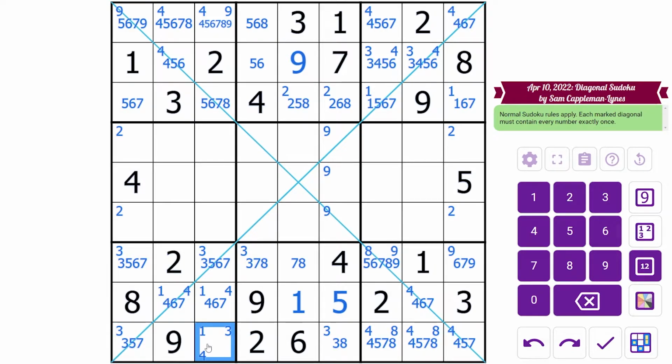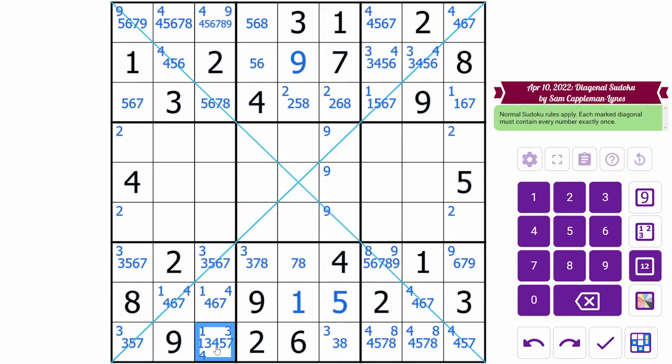Here we don't see 1. We don't see 3 and 4. We don't see our 5 or 7. So this is a 1, 3, 4, 5, 7. That's quite large.